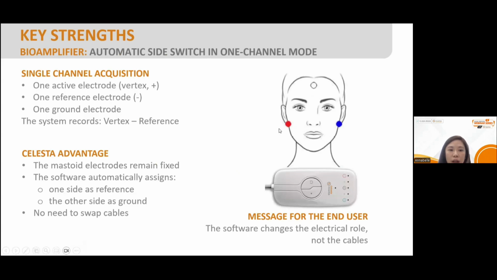The active electrode is on the vertex, and one reference, one ground, red for right and blue for left, and then it switches the ground and the reference electrode itself, automatically. So you don't have to swap the cables in the middle of your test. Just focus on the patient, okay? And then later on, you check out the results.